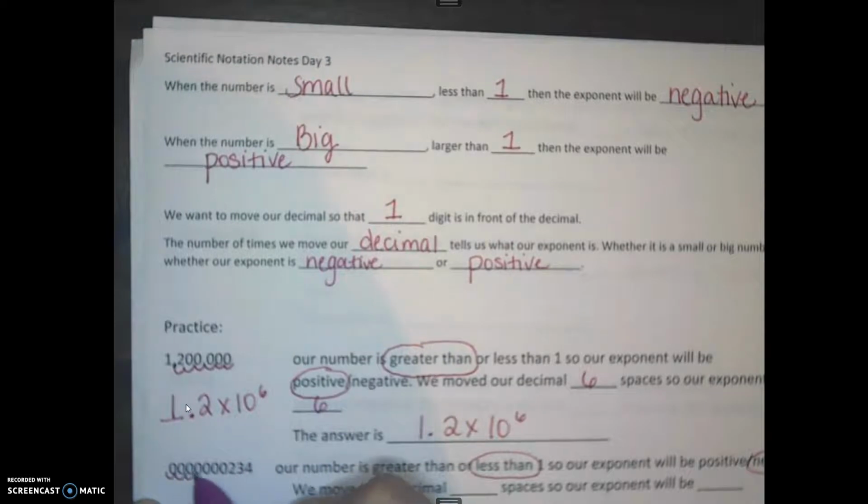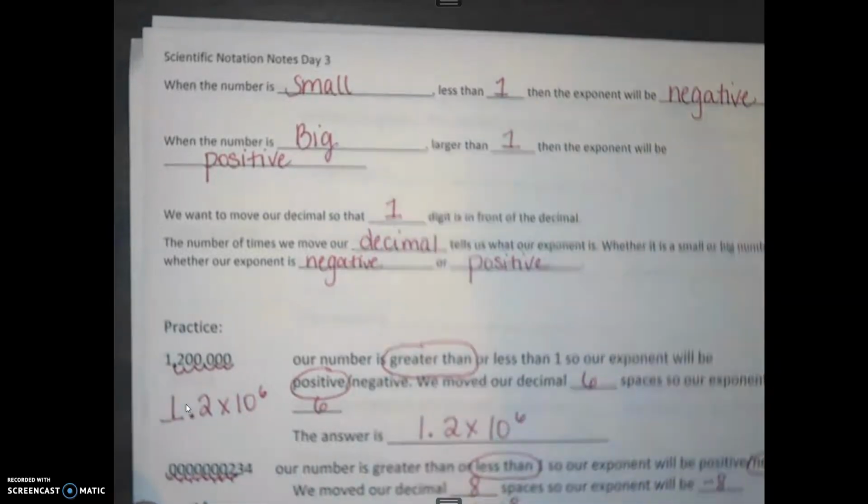So I'm going to move it, stop right there, and I have 2.34. I moved it 1, 2, 3, 4, 5, 6, 7, 8 times, so our exponent will be a negative 8. So, times 10 to the negative 8.